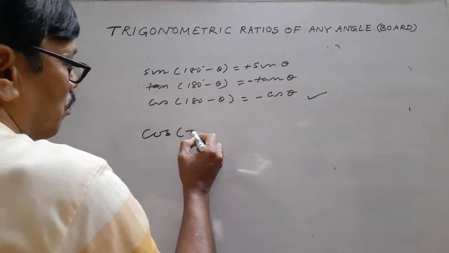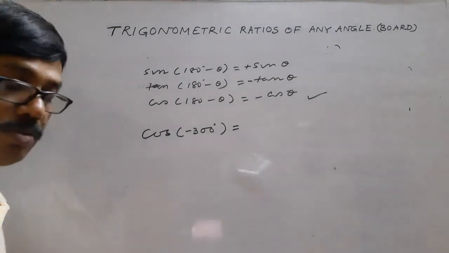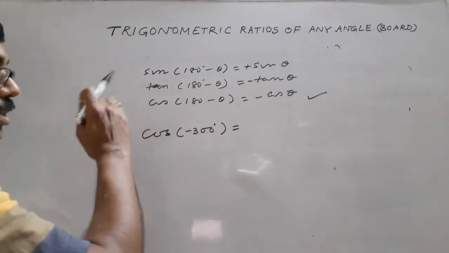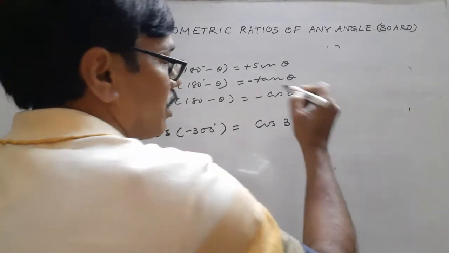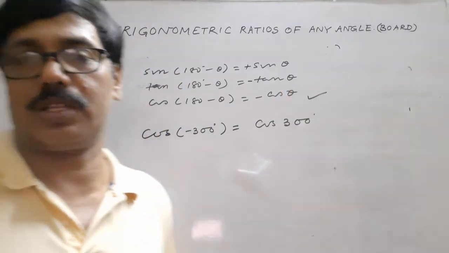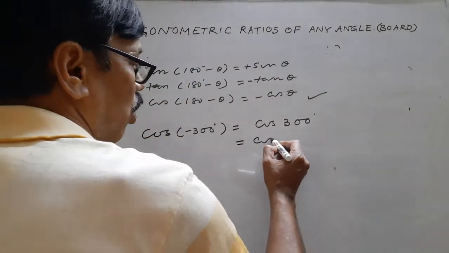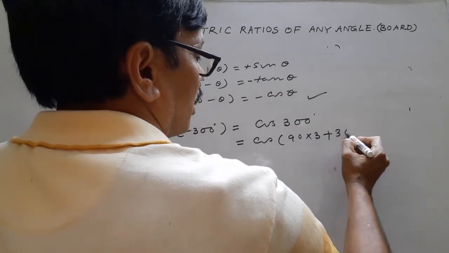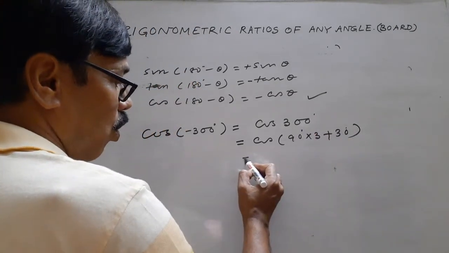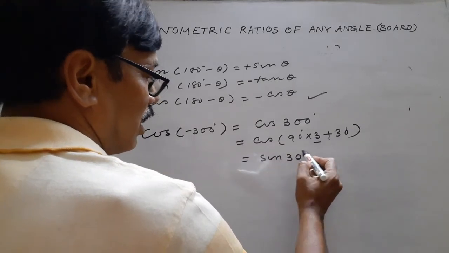So cos of minus 300 degree. Now cos of minus theta is cos theta, so this is cos 300. Now it is 90 into 3 plus 30. It is an odd multiple, so cos will become sin 30.